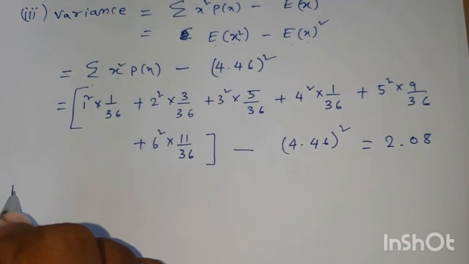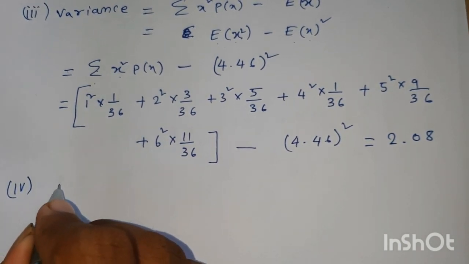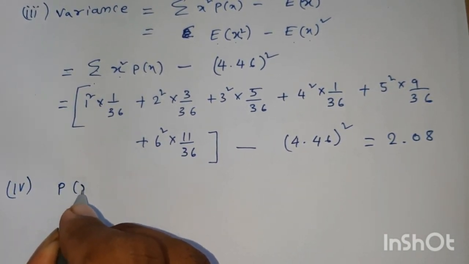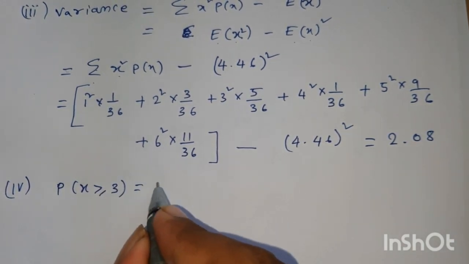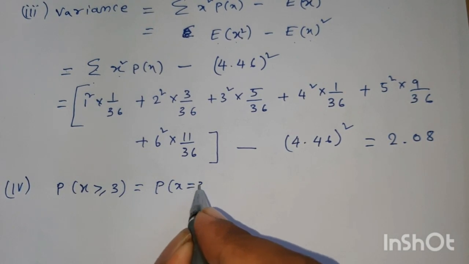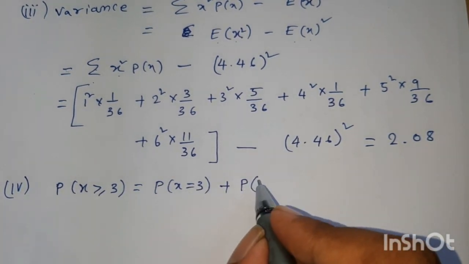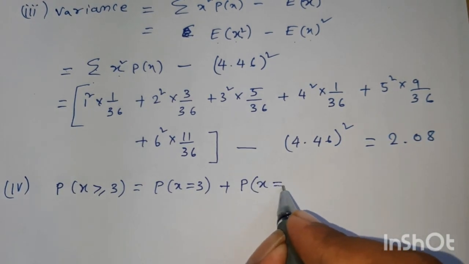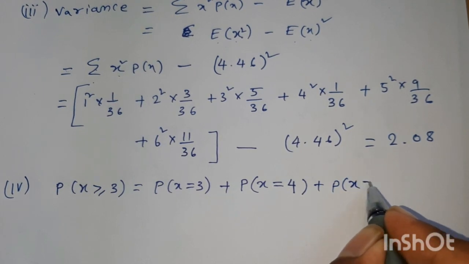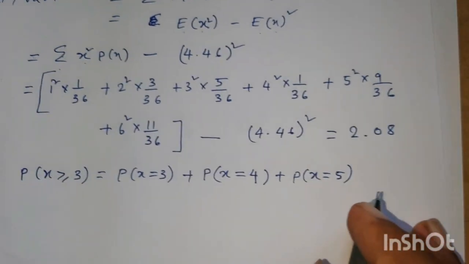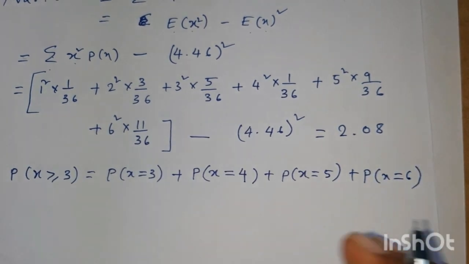Now the fourth problem is probability when X is greater than or equal to 3. That is P of X equal to 3, plus P of X equal to 4, plus P of X equal to 5, plus P of X equal to 6.